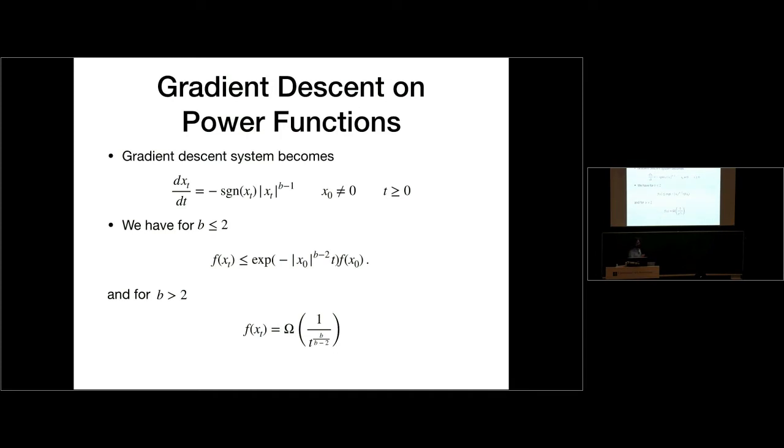Actually, for b strictly less than 2, it's even better than that. It's not even a constant rate. You can show that it's actually an increasing rate as it gets closer and closer to the minimum.